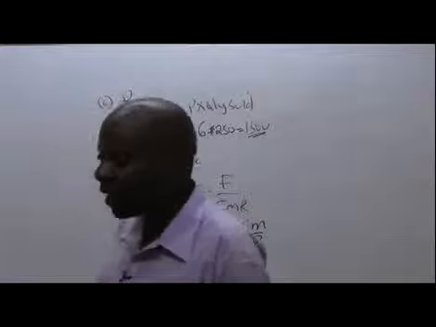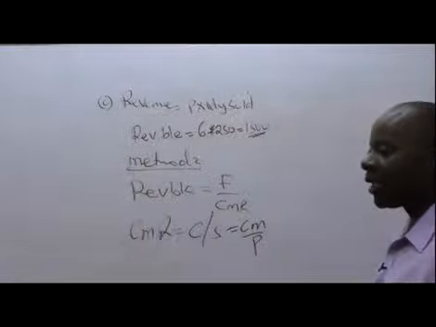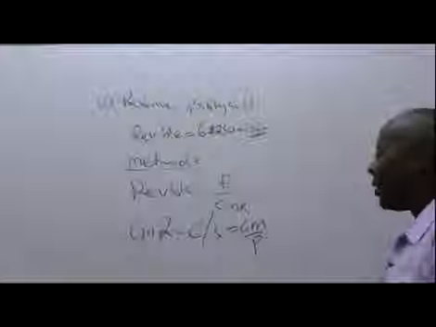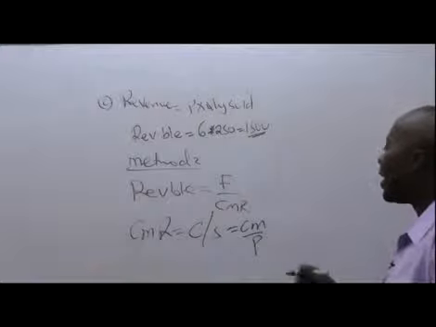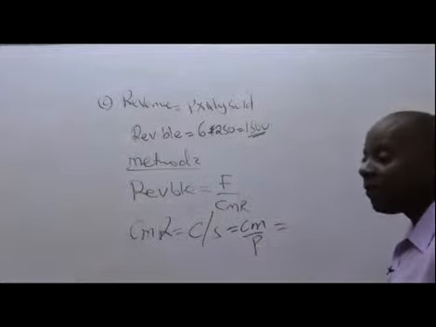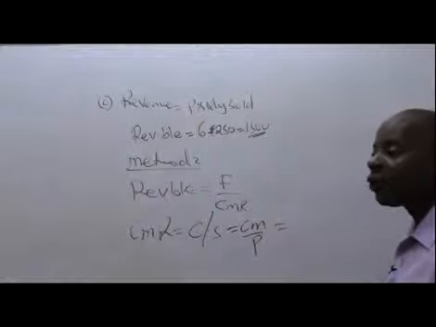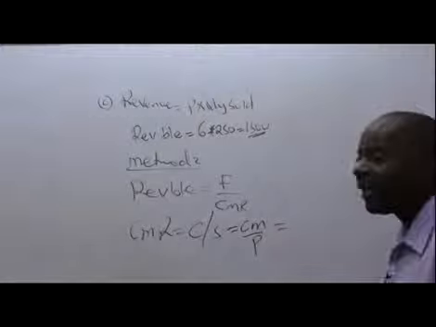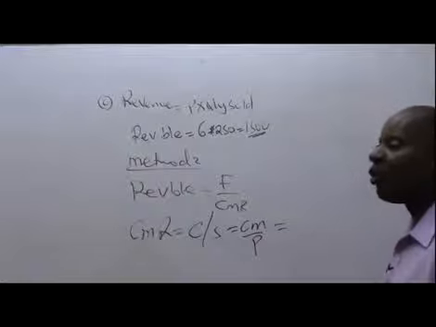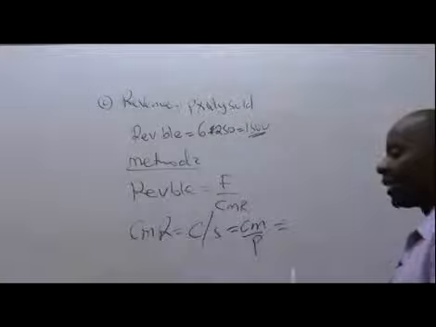In our case here, we've just learned that to get contribution margin, we normally take price minus variable cost.